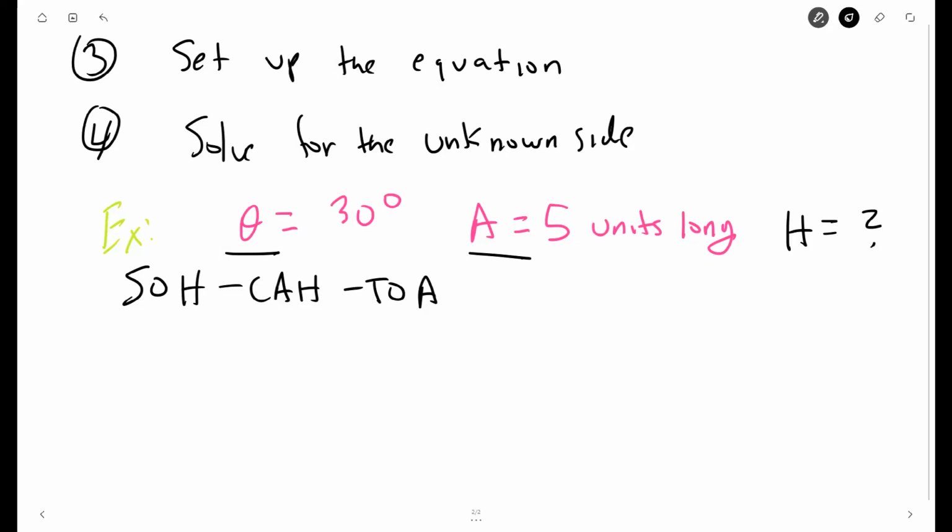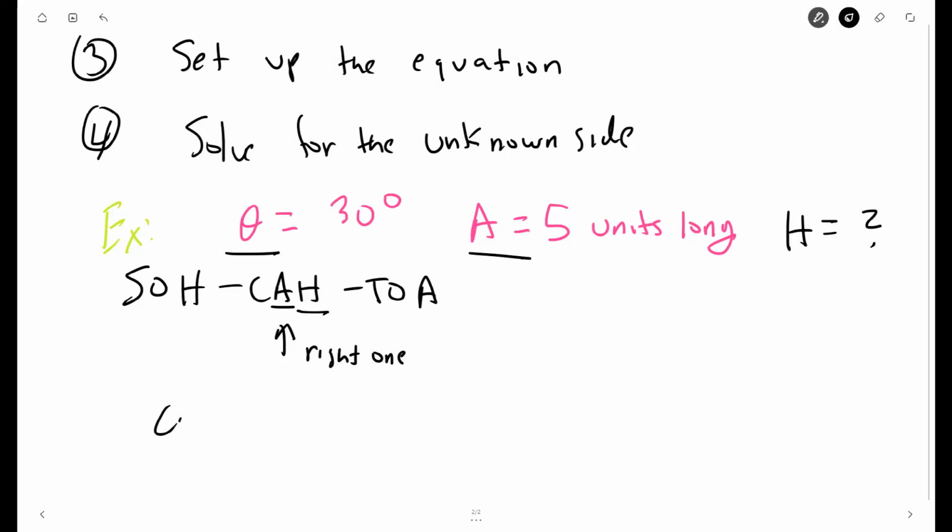So what do you think we should use? This one involves adjacent and hypotenuse, so I think this would be the right one. The correct ratio would be the cosine.